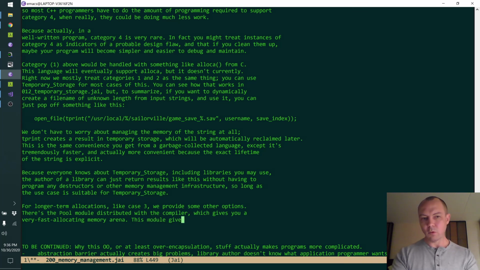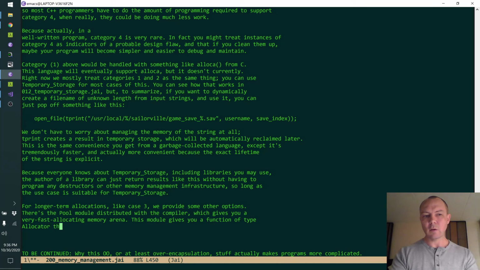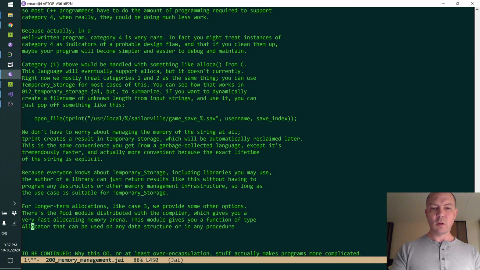This module gives you a function of type allocator that can be used on any data structure, or in any procedure that expects it.